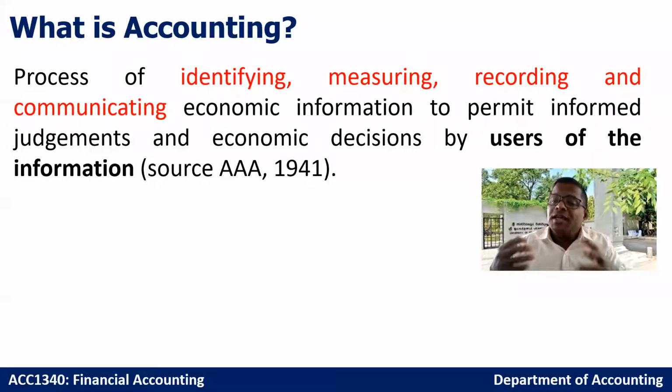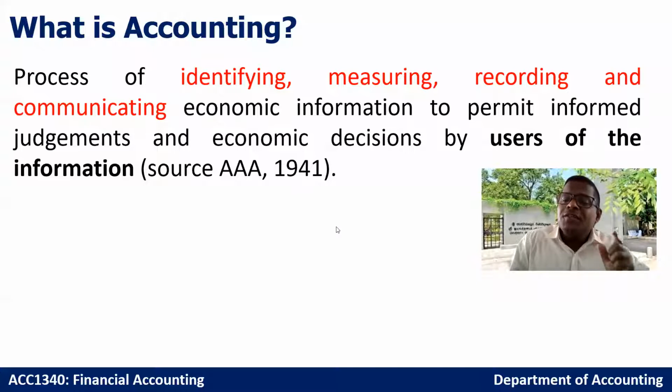You can define accounting from a political perspective, a sociological perspective, or an economic perspective. So there is no one way of defining what accounting is. It's up to you to describe, based on your understanding, what accounting is.